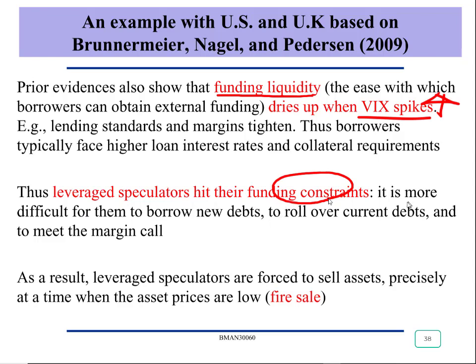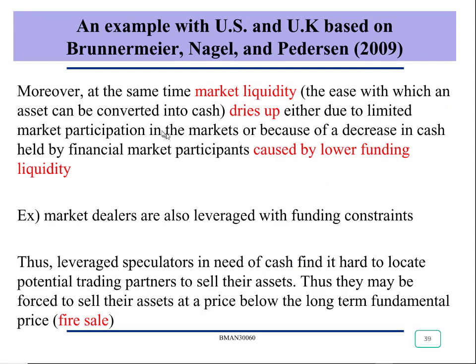It is more difficult for them to borrow new debt and to roll over current debt and to meet the margin call. As a result, leveraged speculators are forced to sell their assets in their balance sheet precisely when the asset prices are low. So they're going to be forced to do fire sale of their assets. Moreover, at the same time, market liquidity will dry up.